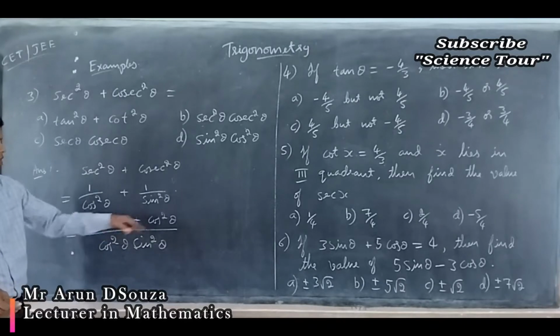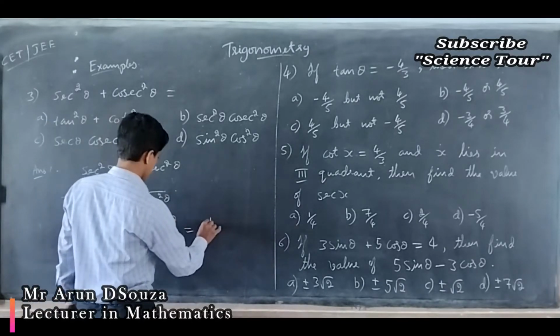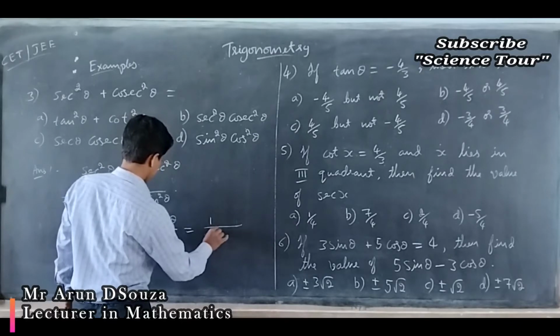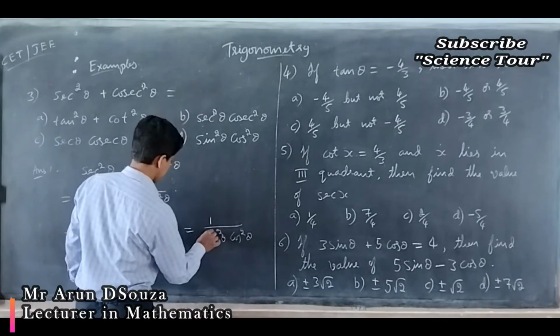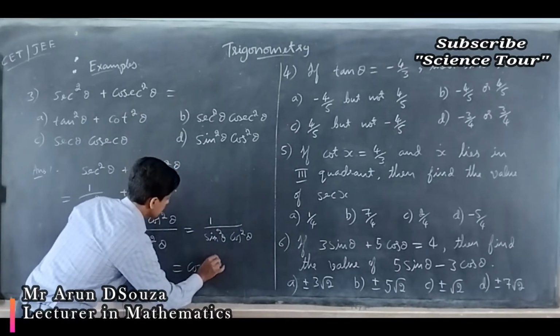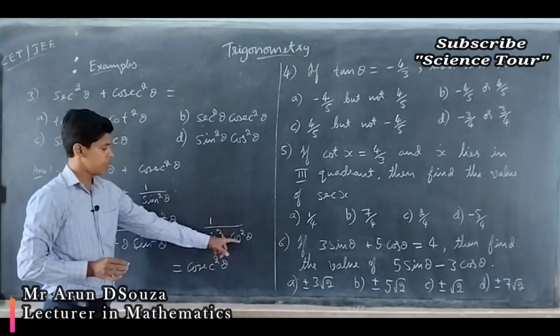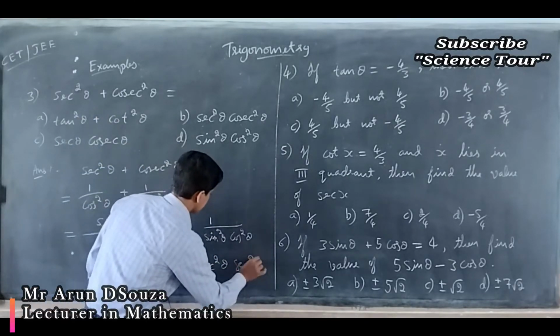Now what is sin square theta plus cos square theta? 1. So therefore this is 1 by sin square theta and cos square theta. Now what is 1 by sin square? 1 by sin square is cosec square and 1 by cos square is secant square.